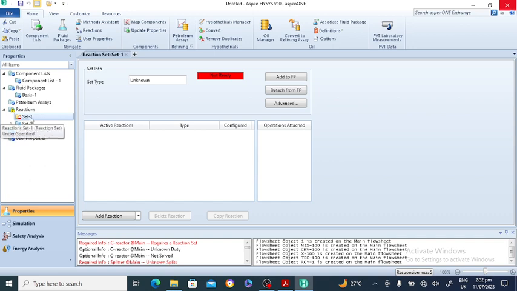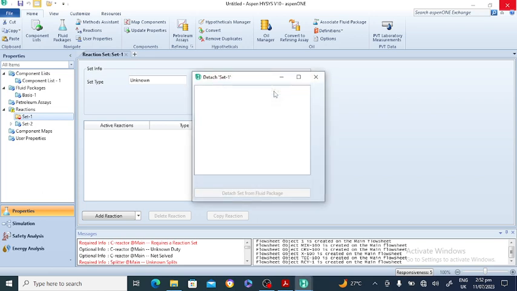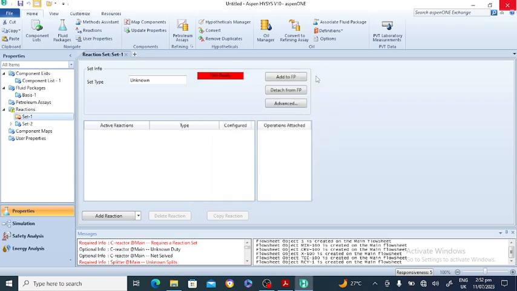By default there is some error, so we will detach it from the fluid package. It is not defined, so we will leave it.